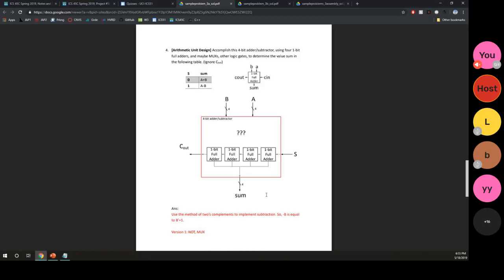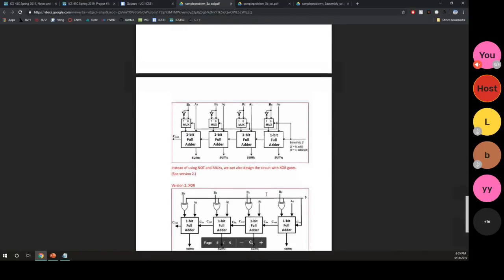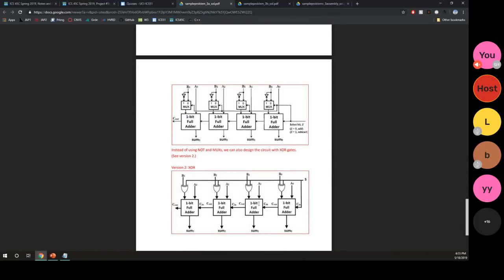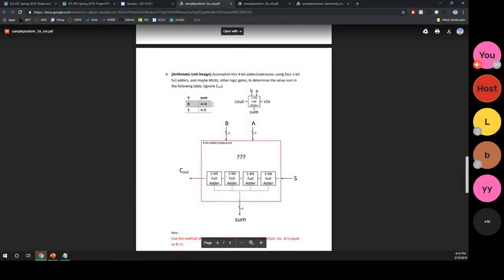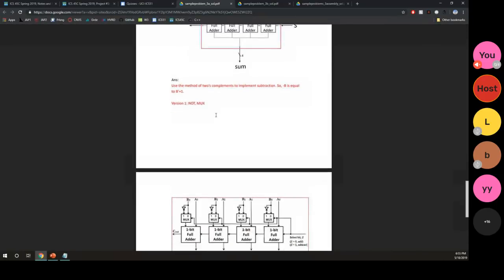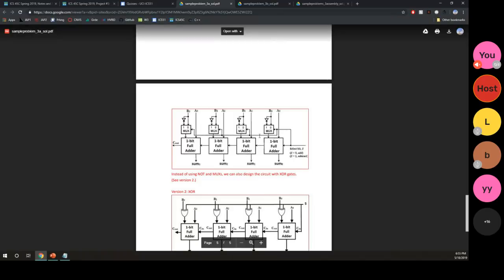So if we want to go down, you have 2 options, right? You can give it your S, and then you can put that S into a mux, choosing either if you want to have an invert or you want to have the not invert if you're adding, right? Because we know that the selector, if it's 0, it's adding, and if it's 1, it's subtracting. So we can do that up here, right?